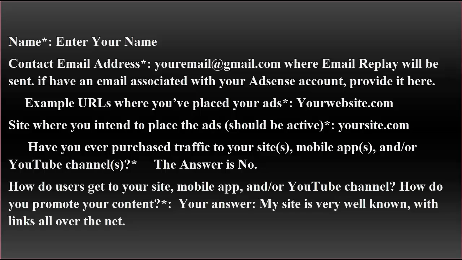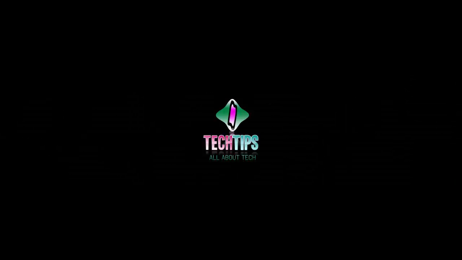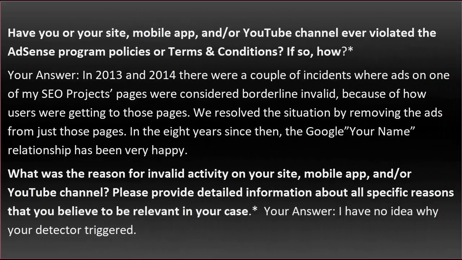How do users get to your site, mobile app, and/or YouTube channel? How do you promote your content? Your answer: my site is very well known, with links all over the net. Have you or your site, mobile app, and/or YouTube channel ever violated the AdSense program policies or terms and conditions? If so, how?